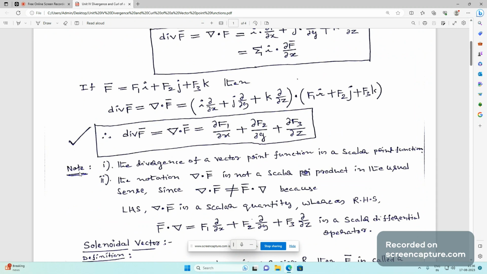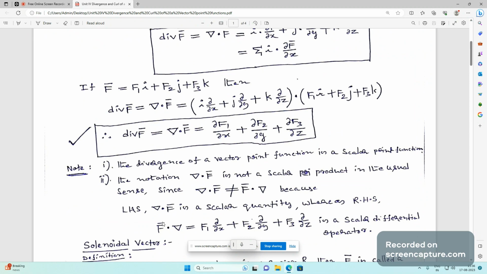You can observe that f bar is a vector point function, and the divergence of a bar is a scalar quantity. The divergence of a vector point function is a scalar point function. The notation del dot a bar is not a scalar product in the usual sense, since del dot a bar is not equal to a bar dot del.